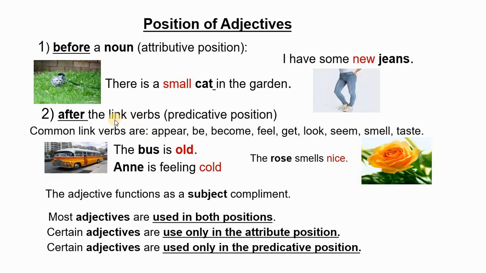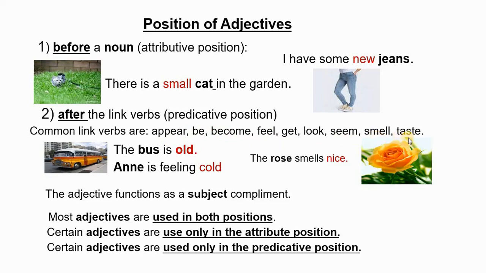Well, here are the most common linked verbs: appear, be, become, feel, get, look, seem, smell, taste.